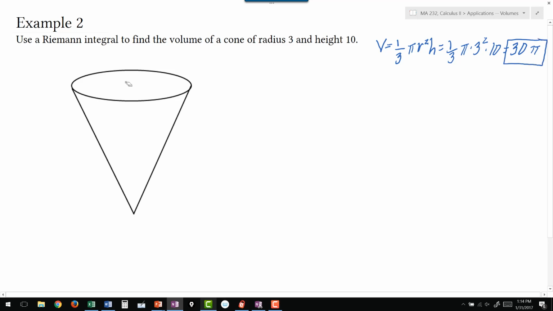I want to start by marking the dimensions of our cone. So here's the radius. We're told that's 3. And then the height is the perpendicular height from the top down. And we're told that that is 10.